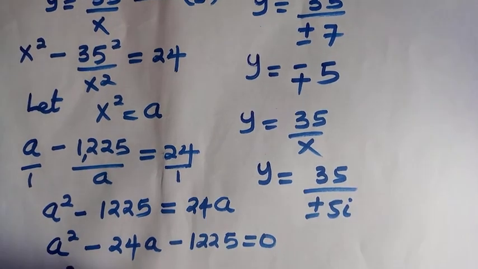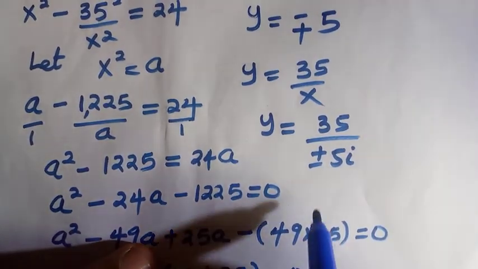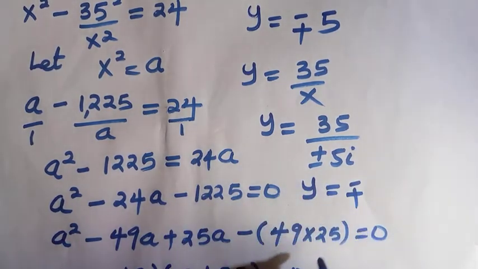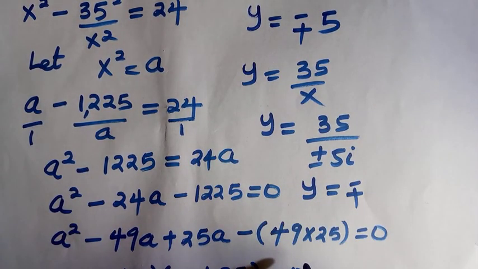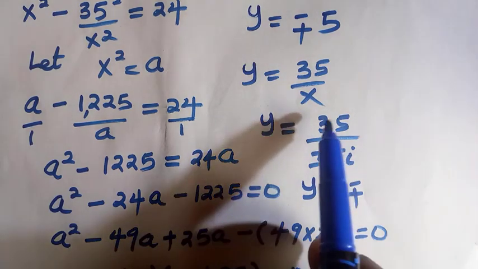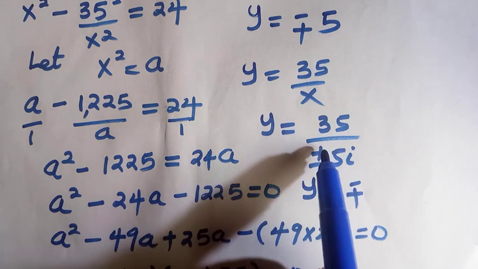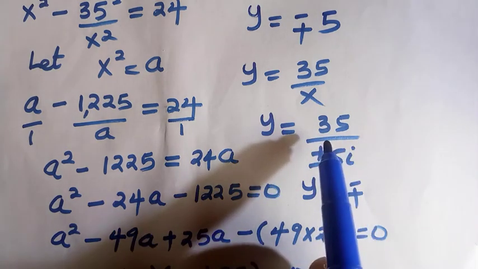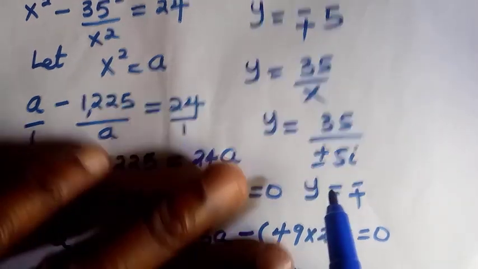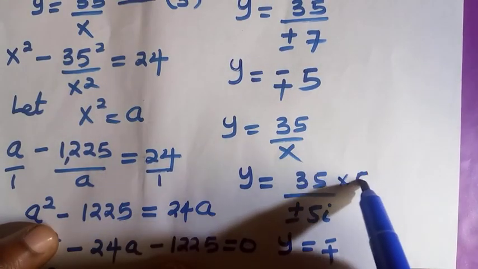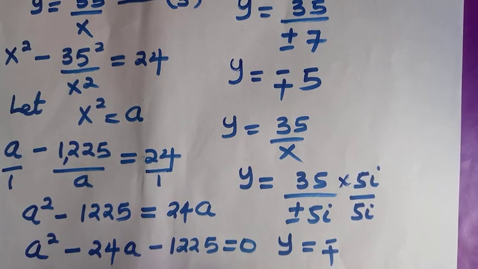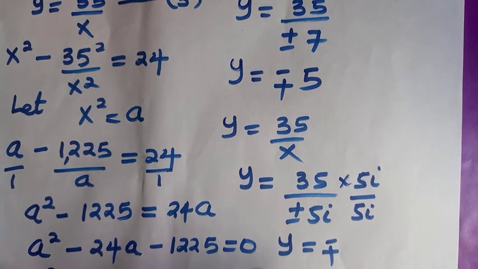Looking at this, let's rationalize the denominator, so we multiply the numerator and the denominator by i.